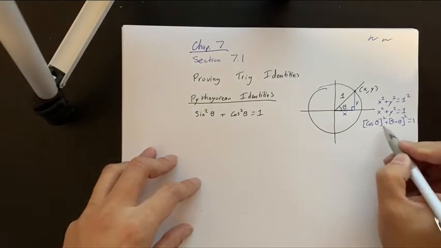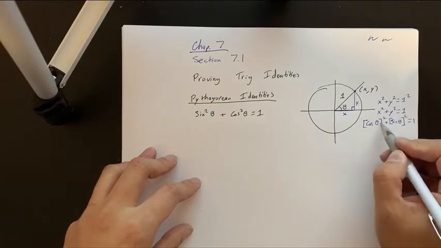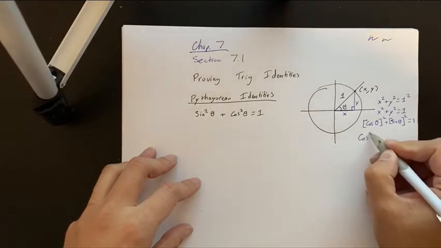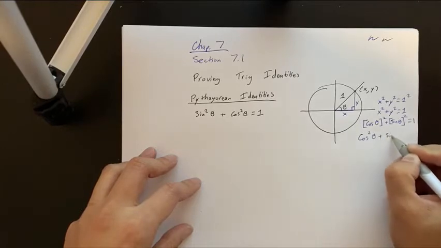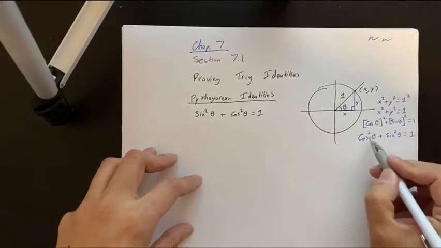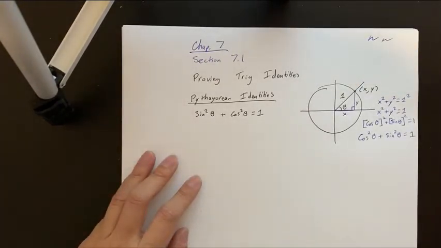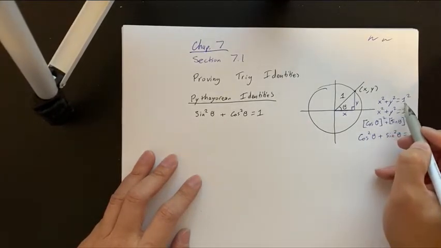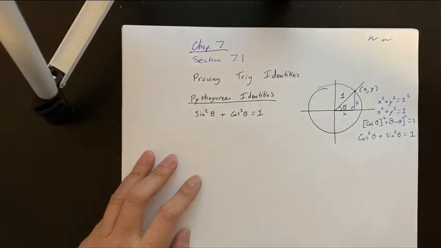And that is a little bit awkward because here I am putting a bracket around the whole cosine theta, and then that whole thing is squared. A better notation would be to place that square right next to that cosine. So it means exactly the same thing, except now you don't have to write that bracket. Okay? So this identity comes from the Pythagorean theorem, so that's why it's called a Pythagorean identity.